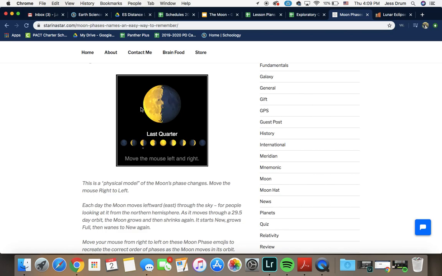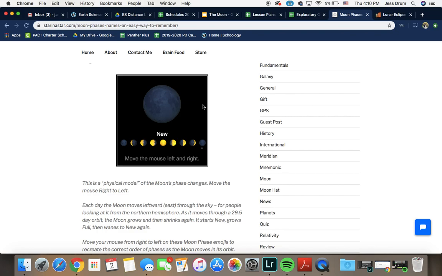Moving over a little bit more, if the moon looks like this, where it's about half lit up, that's called a last quarter. This one where it's mostly lit up is a waning gibbous. There's your full moon right there. The whole thing looks like it's lit up. And then now we have our waxing gibbous, first quarter, waxing crescent, and then our new moon.